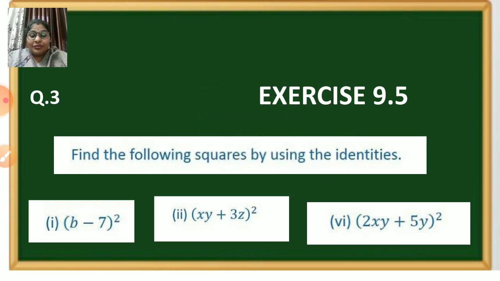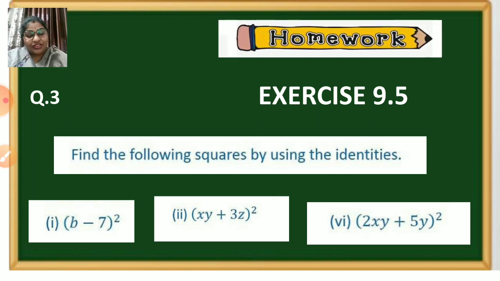So from question number 3, that is exercise 9.5, question number 3, find the following squares. First, second and sixth one is your homework, children. It will be a practice for you if you solve by yourself. In the first one you will see it is b minus 7 whole square. So you will use the identity a minus b whole square, that is equal to a square plus b square minus 2ab.